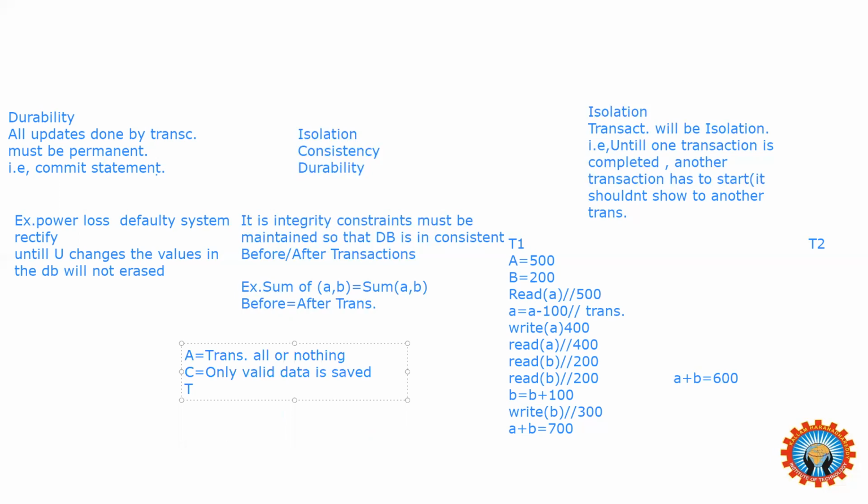Next, isolation: if you are doing two or more transactions, they should not affect each other. And the last one is durability: whatever data you write will not be lost. Until the user changes it, it will not be modified.